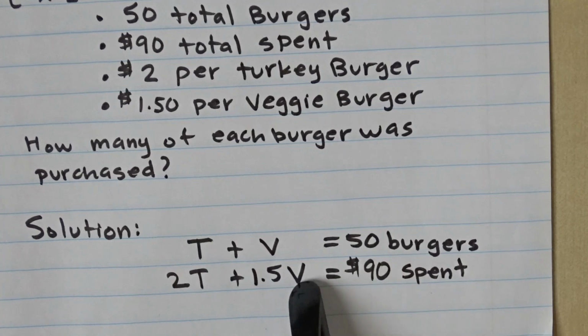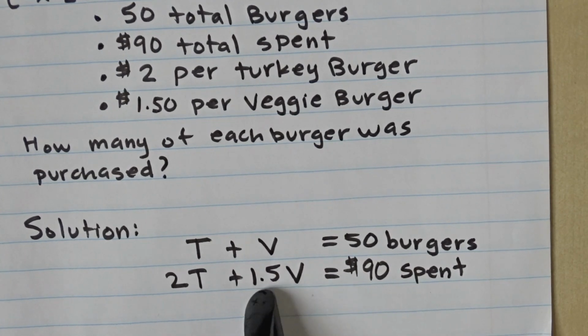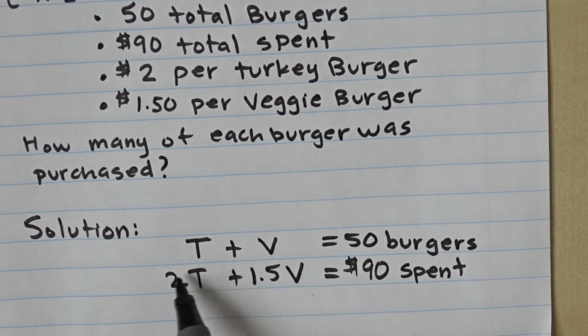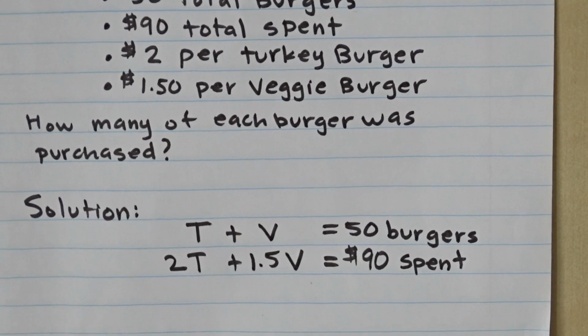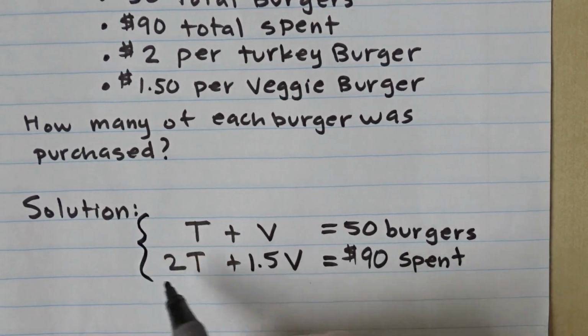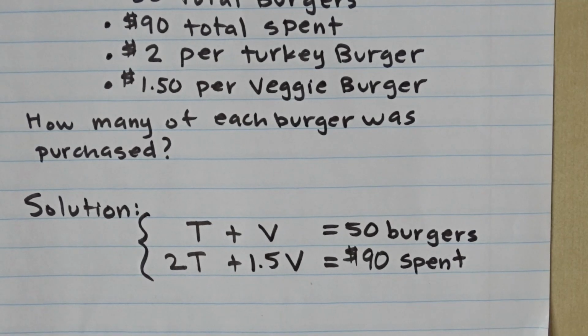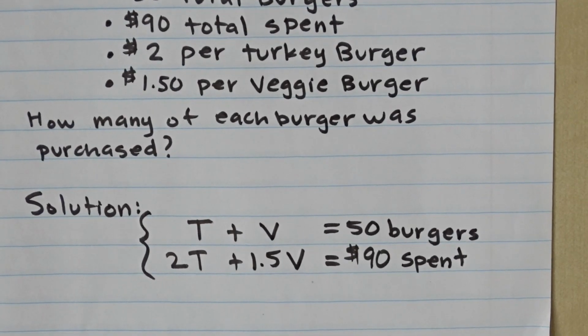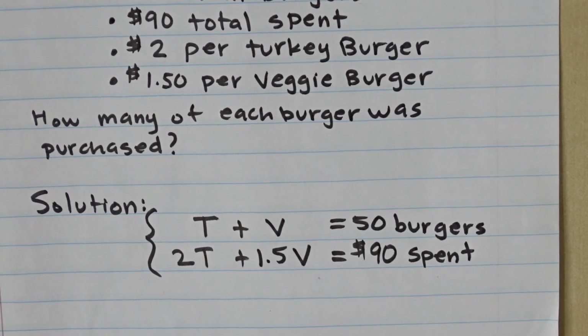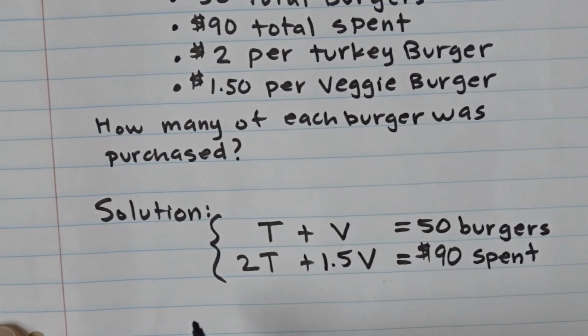Because if I needed to purchase 2 veggie burgers, I'd multiply 2 times 1.50 and I would spend $3. Okay, so that's how you're calculating each expression for how much was spent. So now I have 2 equations. And if I'm going to use a substitution method, I need to isolate a variable. I do not have a variable that's all alone, but I could get one to be isolated.